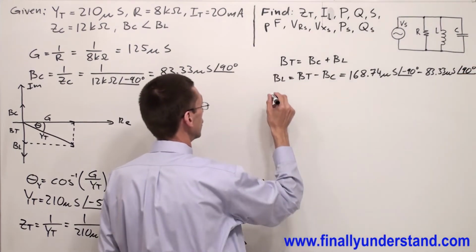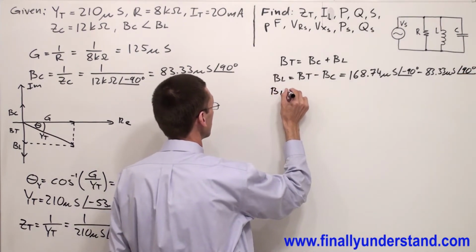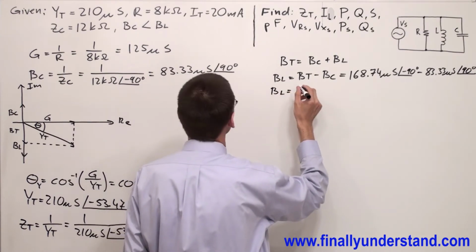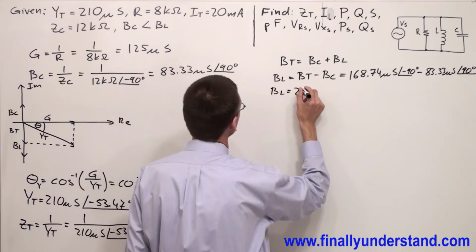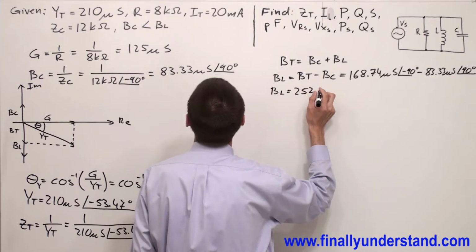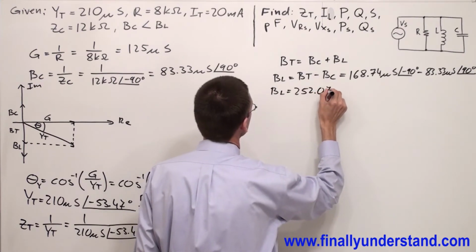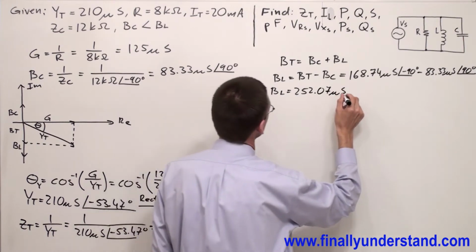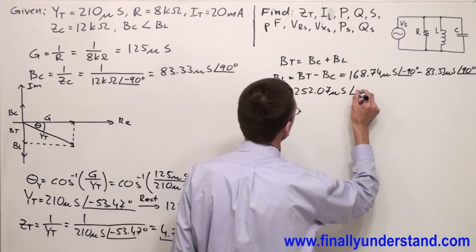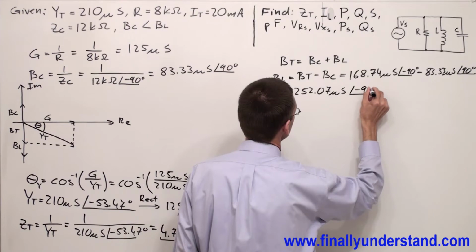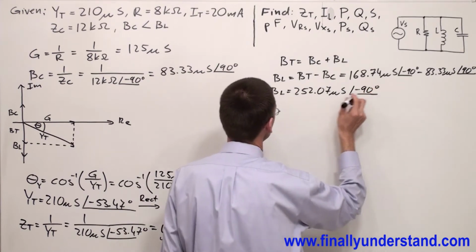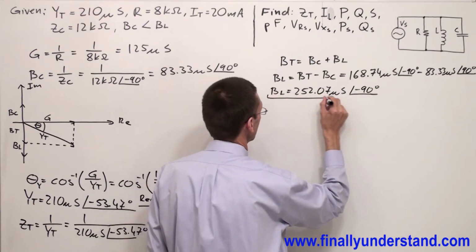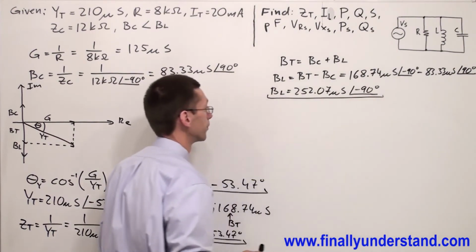Okay, so BL is equal to 252.07 microsiemens, an angle of negative 90 degrees. Okay, so this is BL.